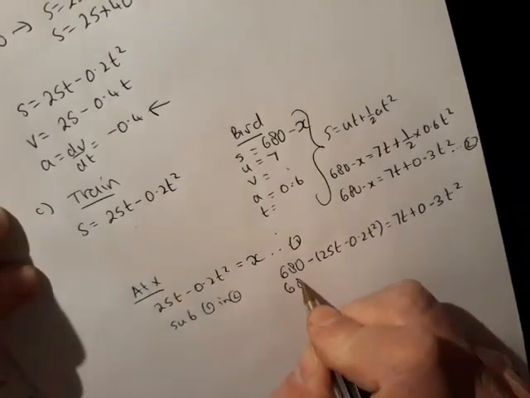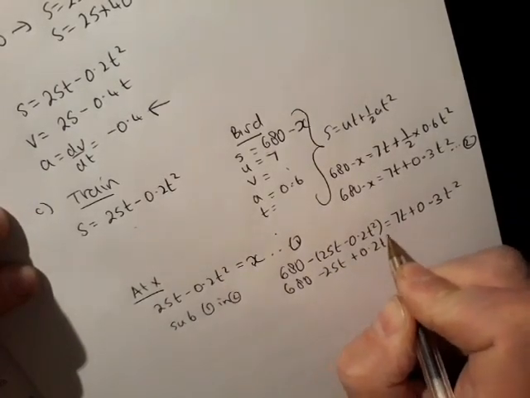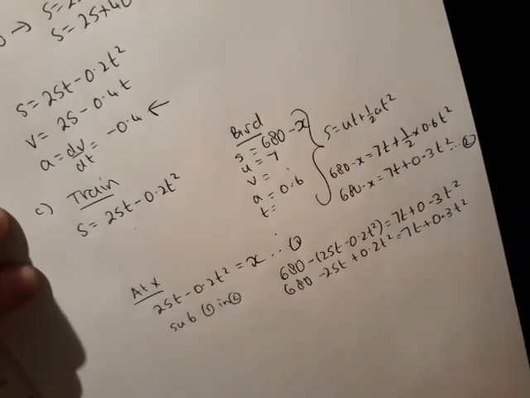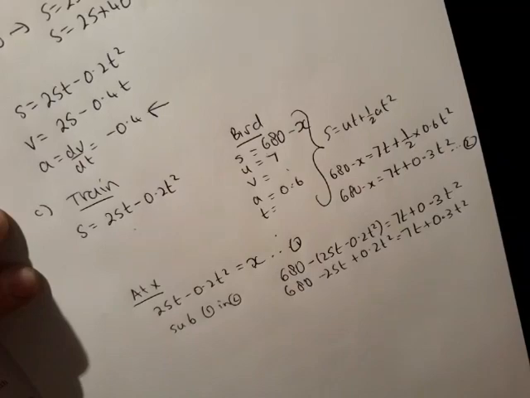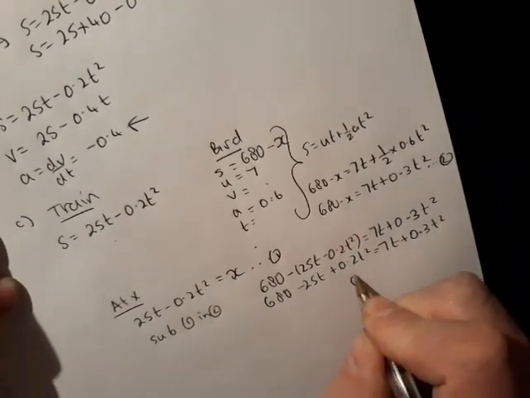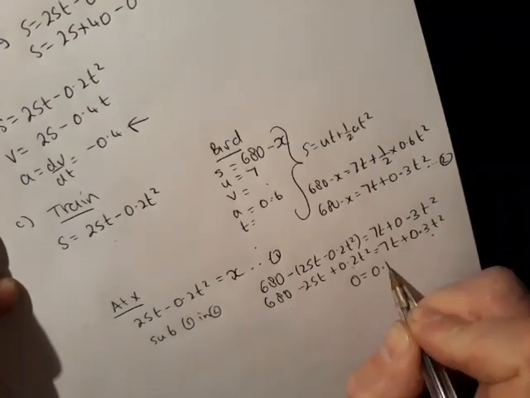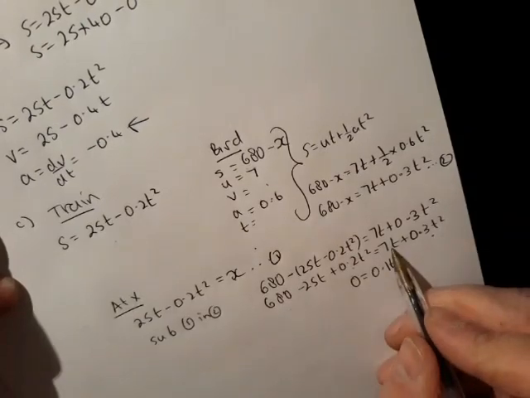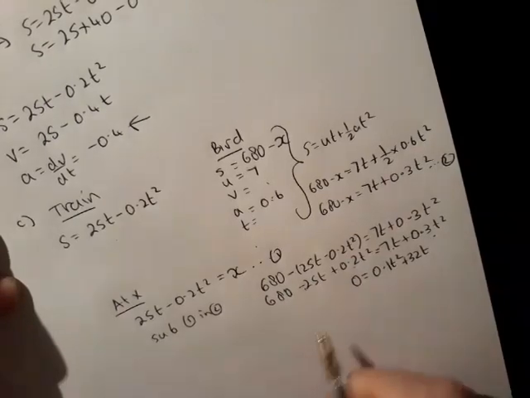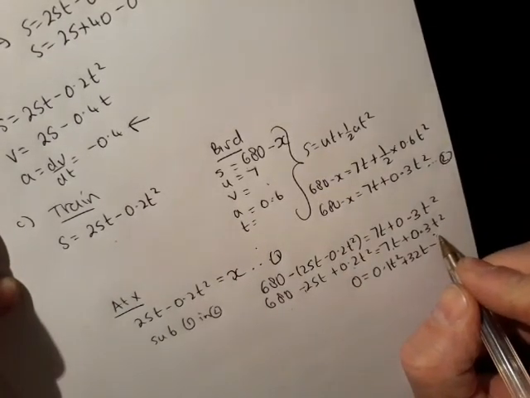So processing now, 680 minus 25t plus 0.2t squared is equal to 7t plus 0.3t squared. And I want it equal to 0, it's quadratic. I'm going to subtract everything and add everything from this side, so I make this side 0. That gives me 0.3t squared minus 0.2t squared, 7t plus 25t is 32t, and take away the 680.